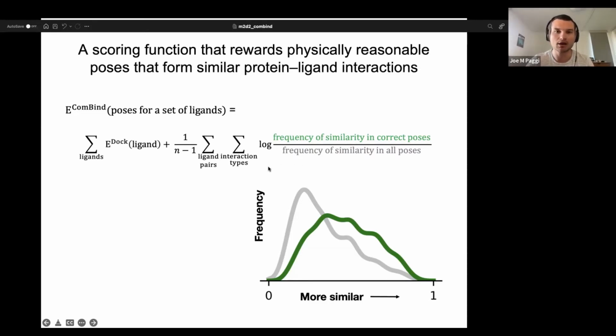Yeah, and the one last interesting thing that we added was that we normalized this term in terms of the number of ligands that we have. Formally, we're assuming that the information we get from all of the different helper ligands is sort of redundant.